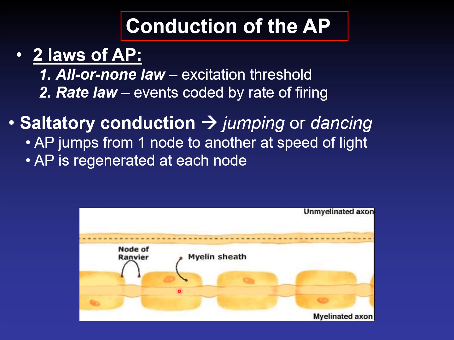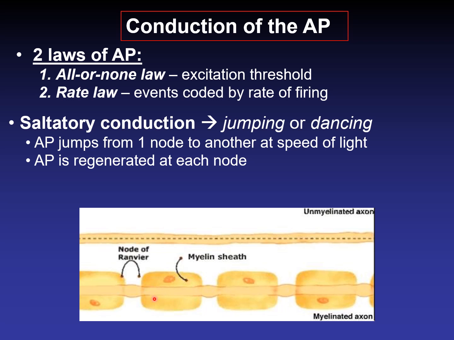And not only is it faster in a myelinated neuron, but it's also more efficient. Remember those sodium-potassium pumps we discussed? Remember, there's always some leakage of sodium into the cell and potassium out of the cell. In order to compensate for that leakage, we have the sodium-potassium pumps.